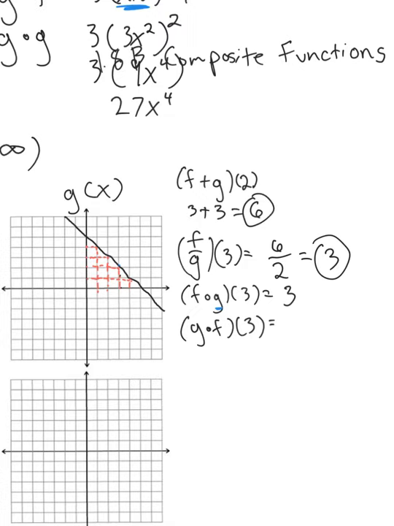Then if we go over 6 to g of x, it's 1, 2, 3, 4, 5, 6. It's actually negative 1 down here. So g of f of 3 is negative 1. f of g of 3 is 3. And that is all for 1.8b.